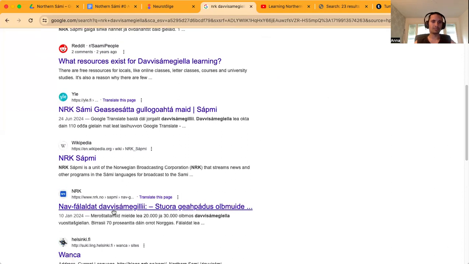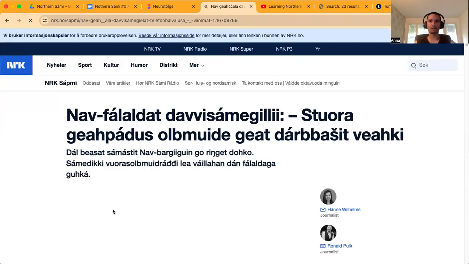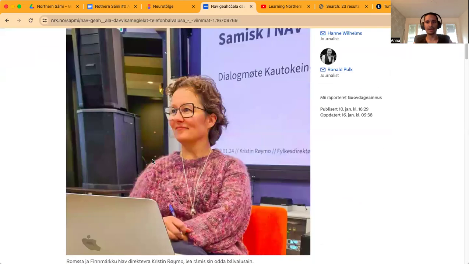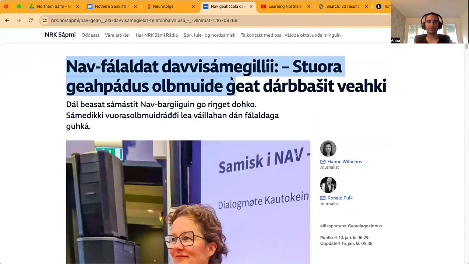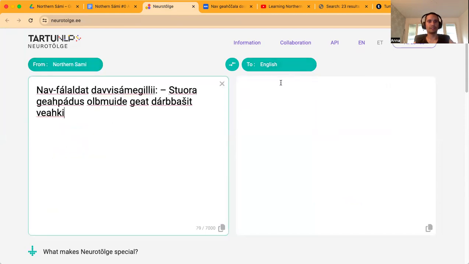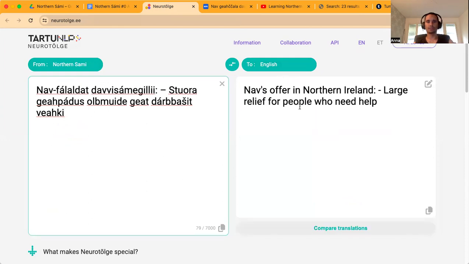Actually, I usually might just Google a word in Northern Sámi and then click the link for an article in NRK, Norway's news page, or Finland's Yle. And here, then I just copy paste to Neurotölga, which is like Google Translate for Uralic languages and a few Baltic languages.